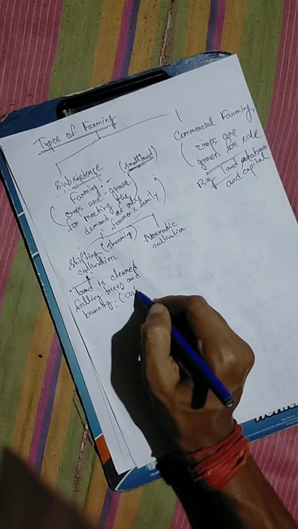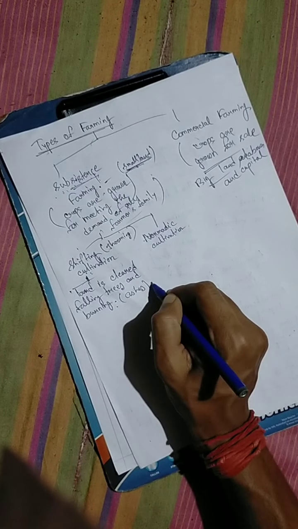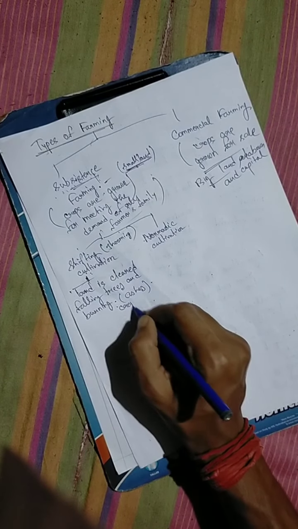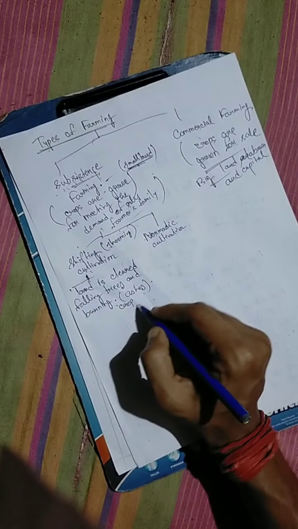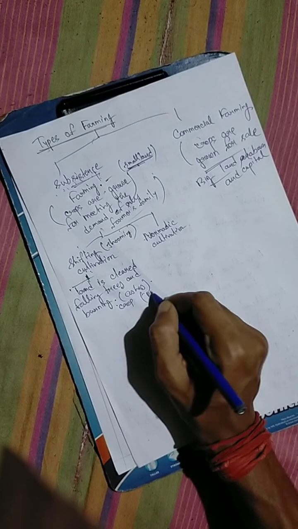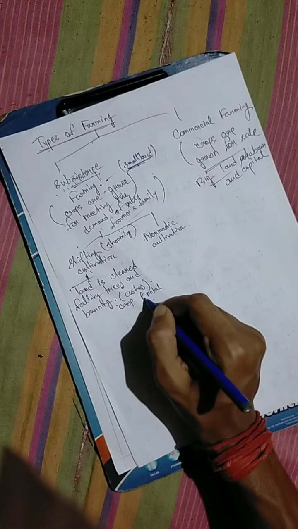When the ashes mix with soil, then the crop is produced. Potato is one example where small farmers grow their crops. You can consider potato as an example of this type of farming.